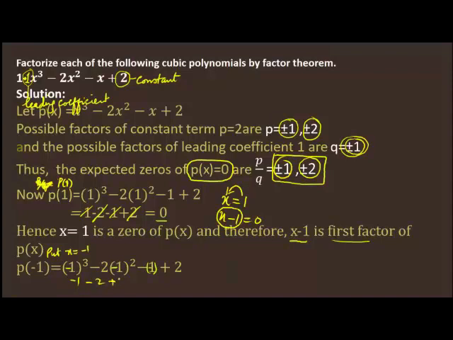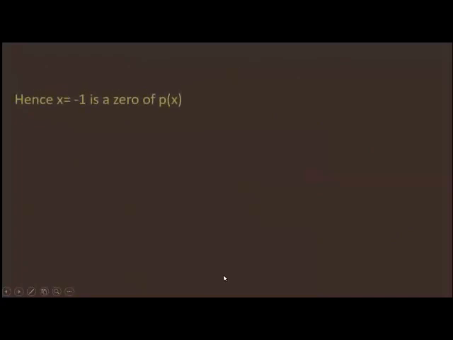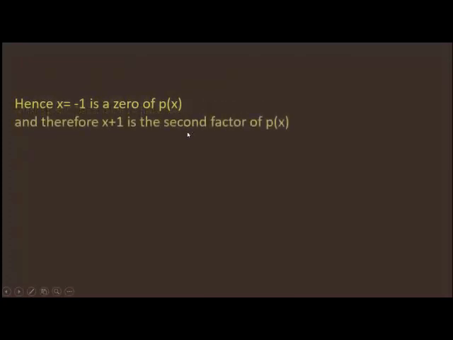Minus 1 is plus 1, plus 2. Again, minus 1 plus 1 cancel, minus 2 plus 2 cancel, it will again be 0. Look, equal to 0. So x plus 1 is also a factor. X plus 1 is the second factor.